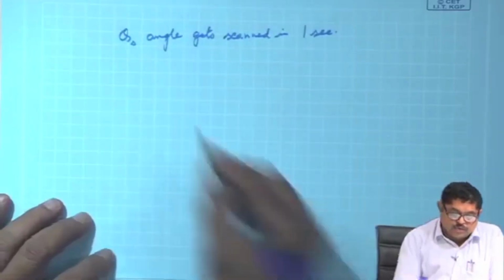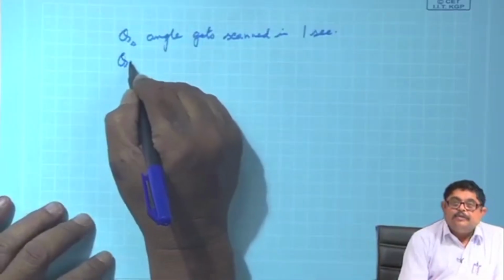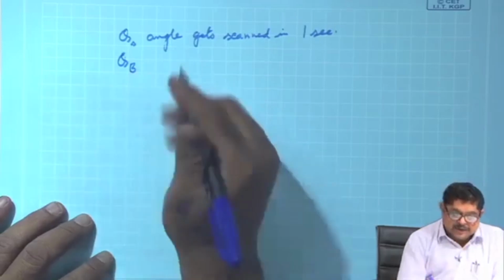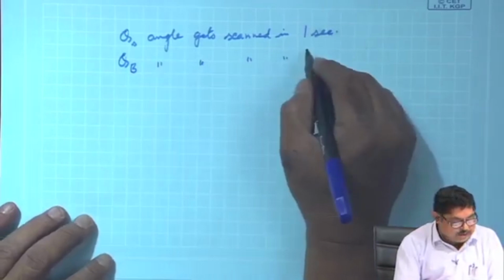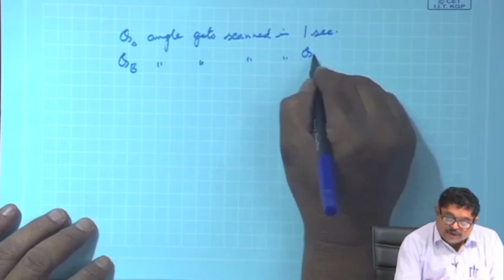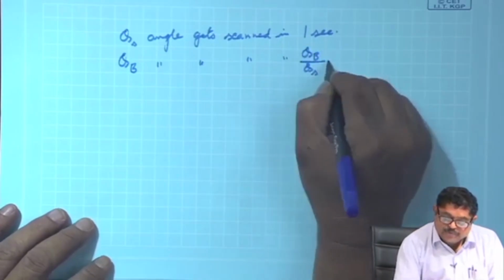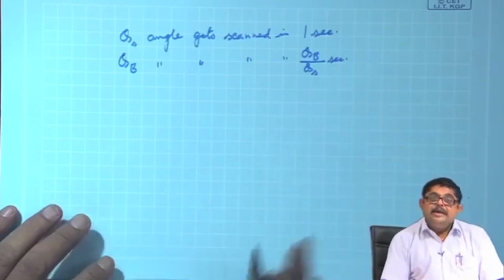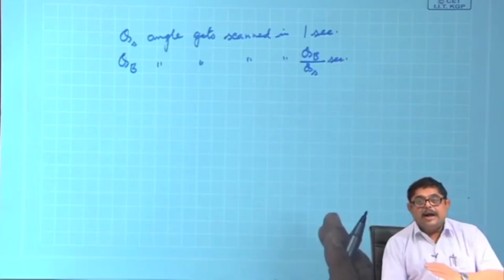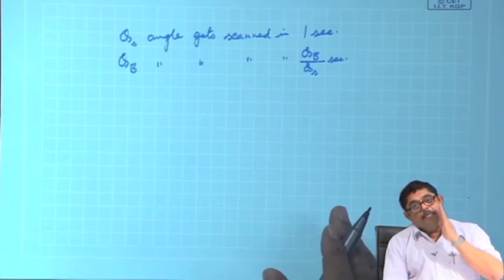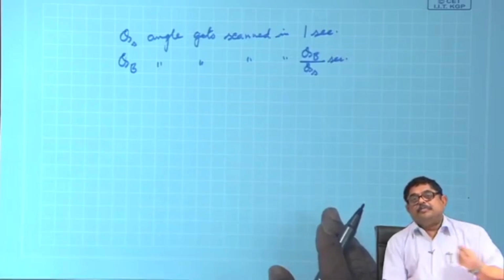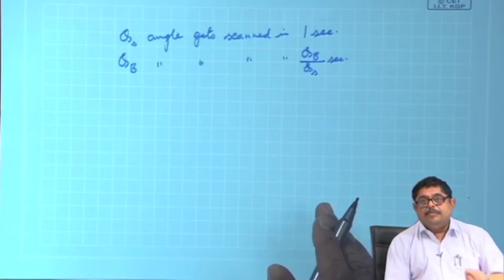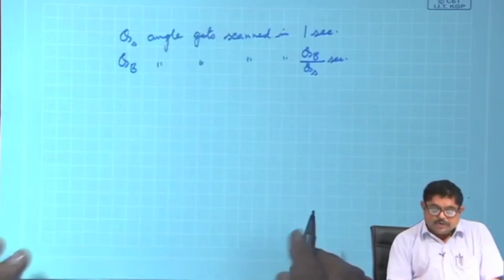So, that is why it is better to answer the question of how much time it takes for the antenna to cover an angle theta b. So, theta b angle gets scanned in how many seconds? That will be theta b by theta s seconds. And now I have got the time for which the target is getting illuminated, and I will get the echoes from the target.